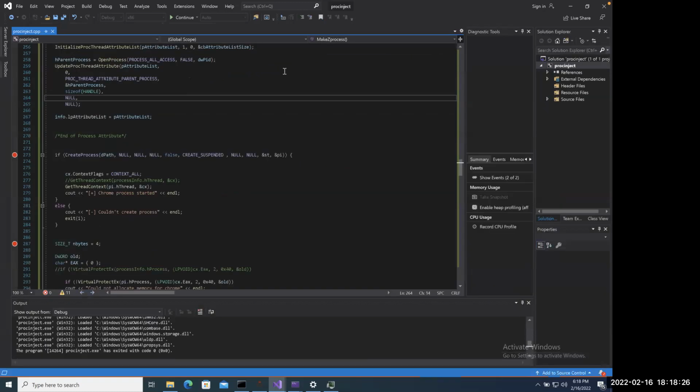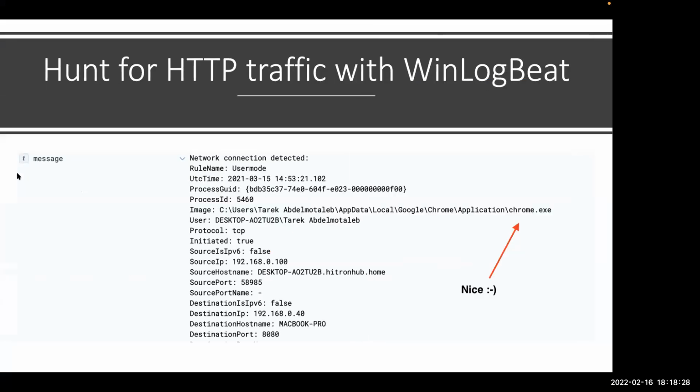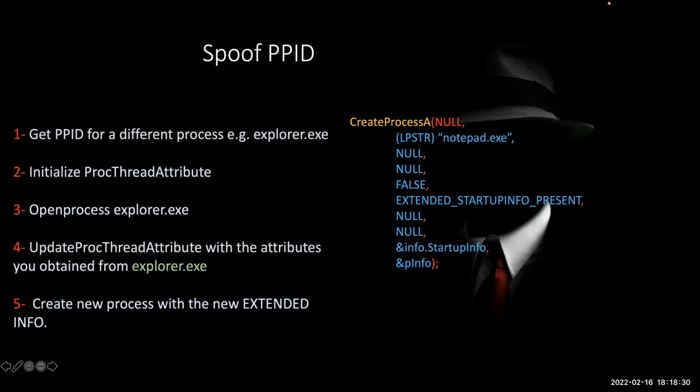Here comes another technique, spoofing the parent process ID. So here, same thing, the CreateProcessA or CreateProcess, you can still use the same API, but there is another argument here. It's called EXTENDED_STARTUPINFO_PRESENT.